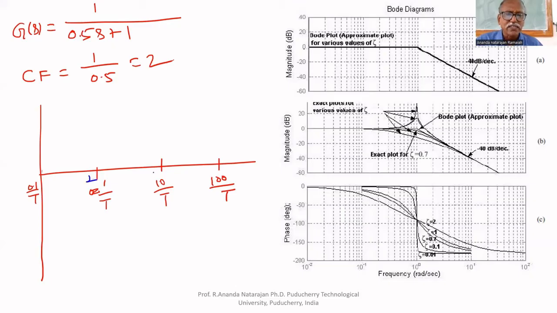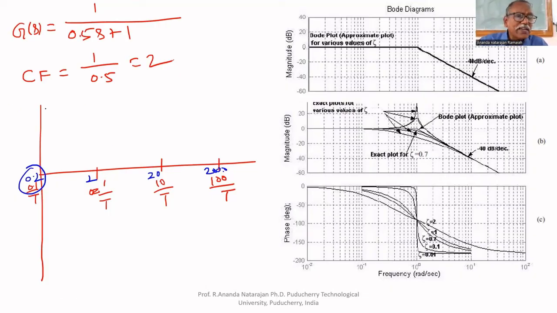This point is 2 radians. This is 20 radians. This is 200 radians per second. This is 0.2. Like that we can mark it. Because in the graph sheet, one division is what? 1 decade. So if you mark this as 0.2, this becomes 2.